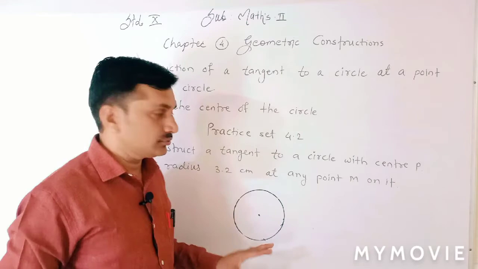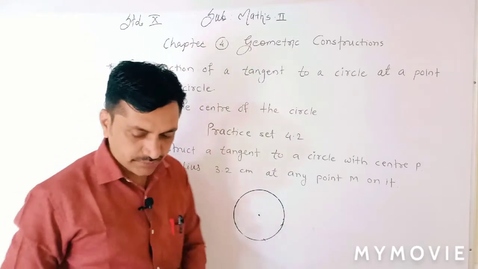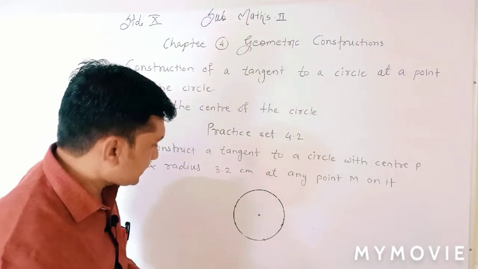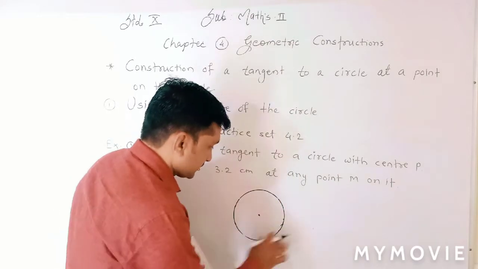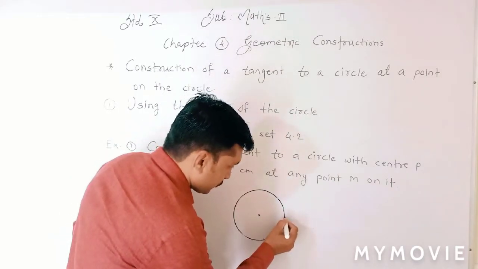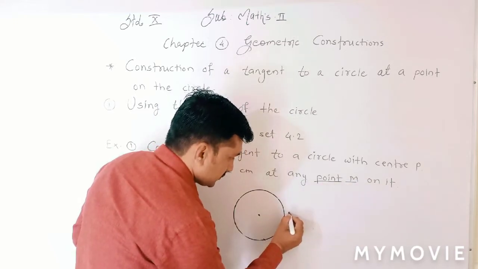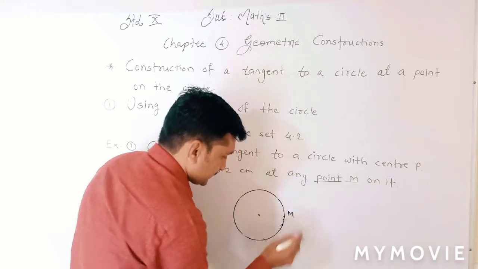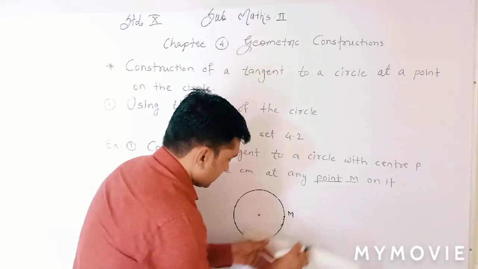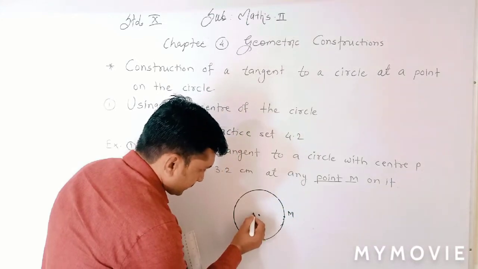Here the circle is drawn with radius 3.2 centimeter. At anywhere on the circle, take any point M. I take it here on this side, and the center is P.